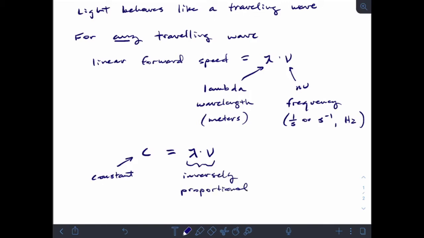If lambda goes up, nu has to go down. If nu goes up, lambda has to go down, because they have to equal that constant value of the speed of light.